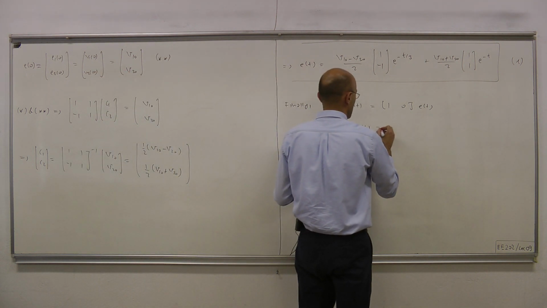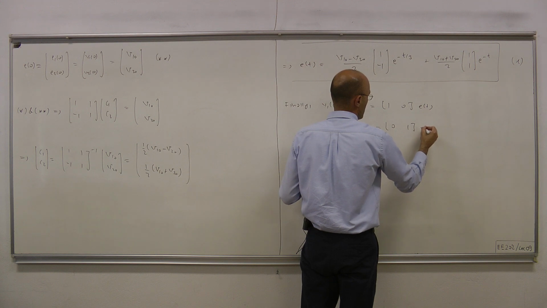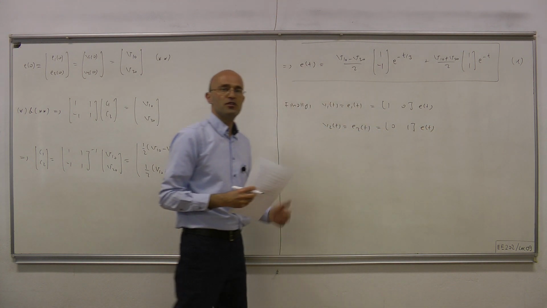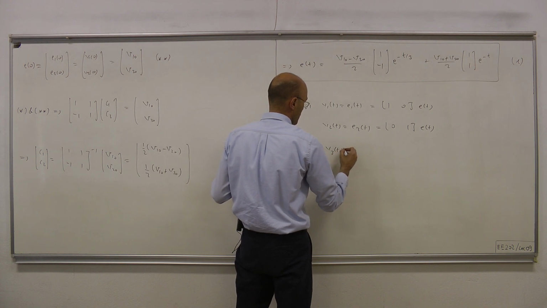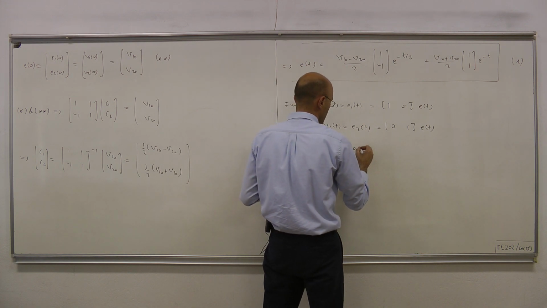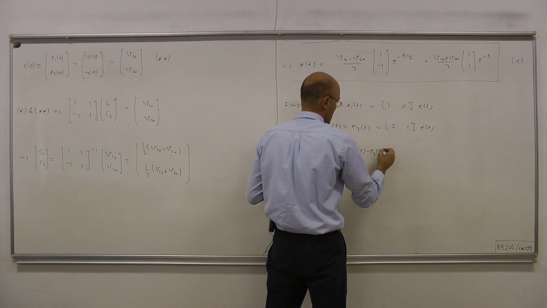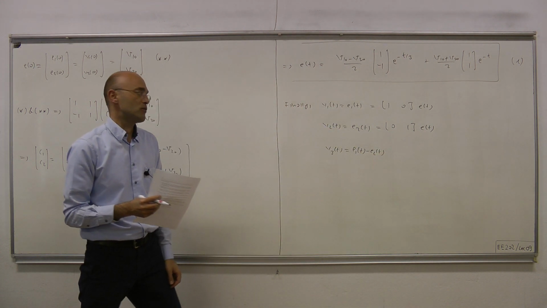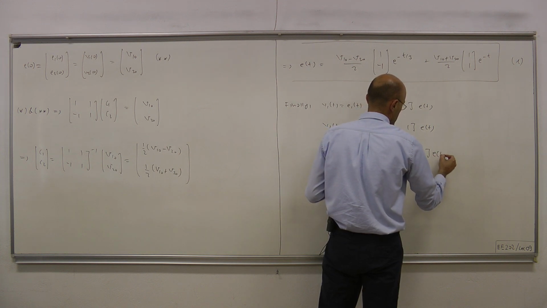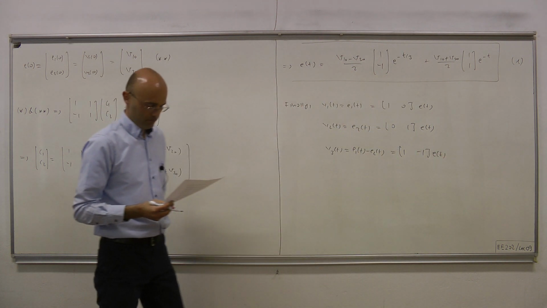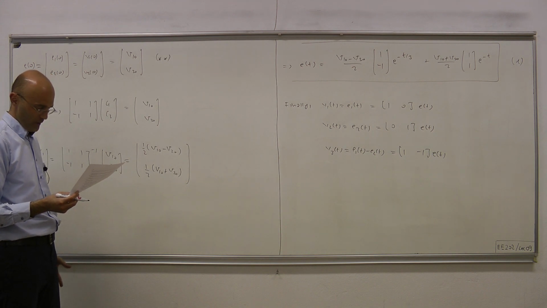In other words, [0 1] times E of t, and V3 of t is E1 of t minus E2 of t. This is the third capacitor voltage, which equals [1 -1] times E of t. Okay?